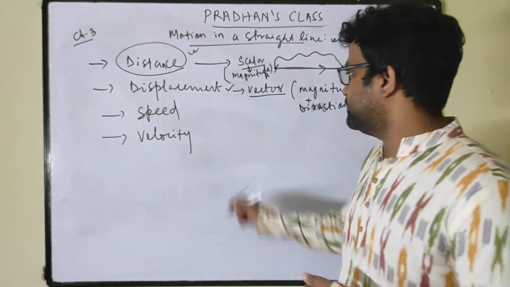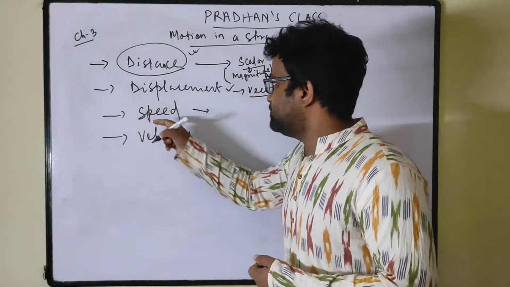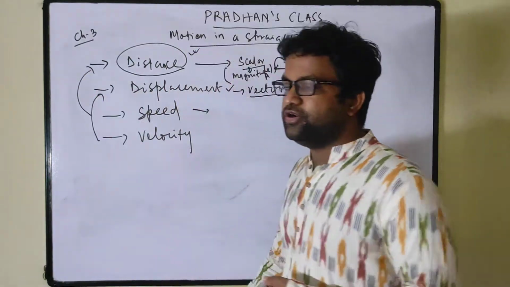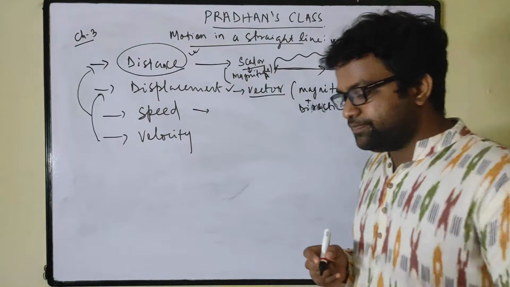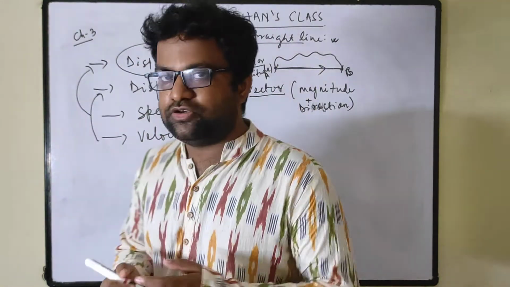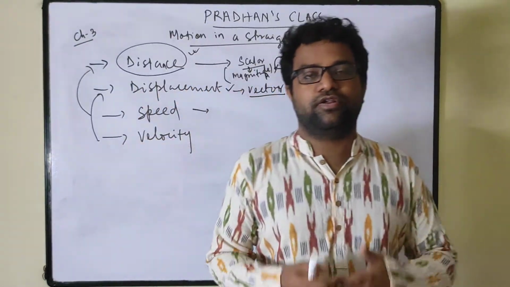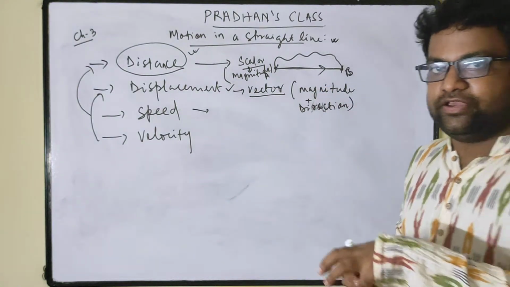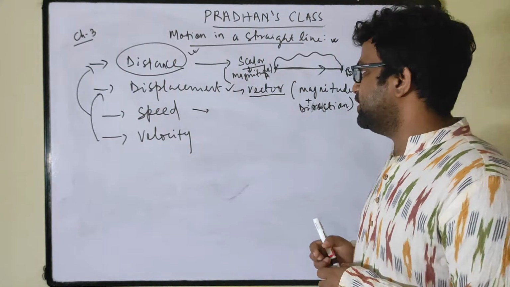Now speed, will come to speed. So speed will be related with distance and velocity will be related with your displacement. What is speed? Suppose you are on a motorbike or in a car, then you can see there is a speedometer on your bike or car. You might have seen, right?